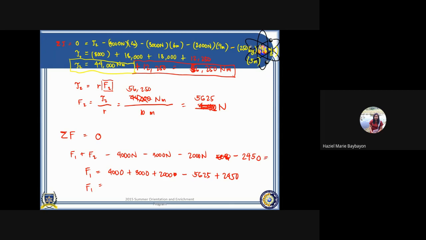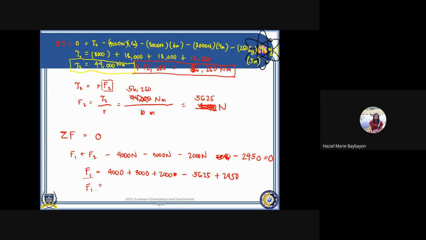So this is equal to 0, ha? F1 plus F2 minus all the forces is equal to 0. So ibalhin siya nako sa pikas nga side of the equation so that we can isolate F1. So nangahimo silang positive except for F2 nga mahimo siyang negative. Okay? So you have 9,000 plus 2,450. So that is 11,450 minus 5,625.